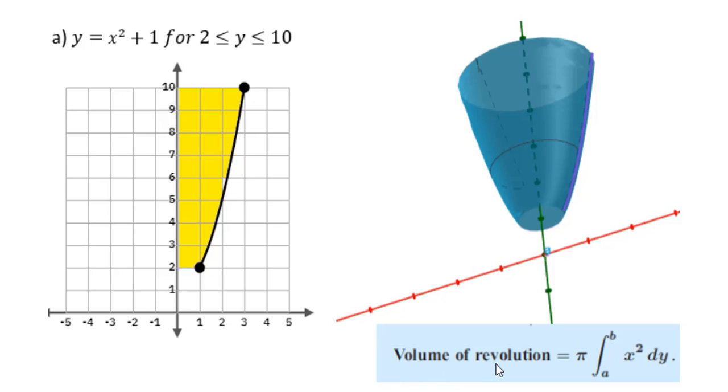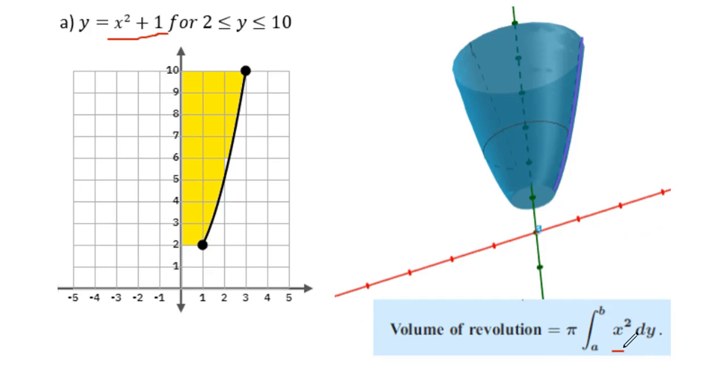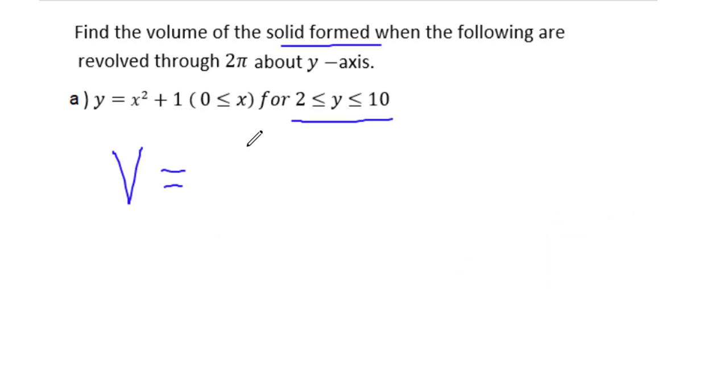This is the volume of revolution by the disk method: pi times the integral from A to B of x squared dy. Remember, for this interval, A to B is a y interval. You have to solve for x first. From 2 to 10, x squared, with a pi in front, then dy.